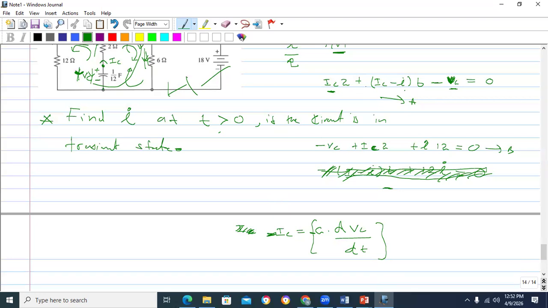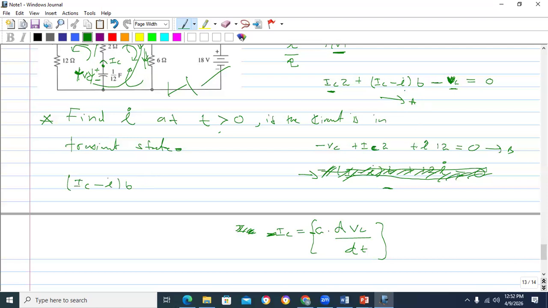So if I subtract this one from this one, this VC cancels out. This ICUT also cancels out. So I will have this one minus this one. So that is this equation. So I will have IC minus simple I into 6.